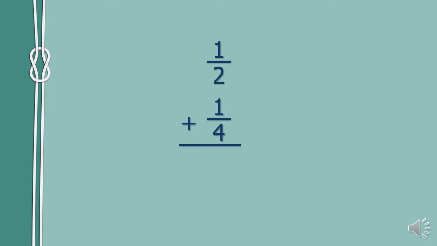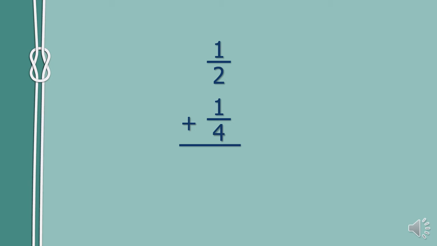Well, first of all, it's probably easier if we write the problem vertically rather than horizontally. So we did that. And now we need to think. Remember we talked about equivalent fractions yesterday? And we talked about fractions being in higher terms or lower terms. What we really need to do is to make these fractions in like terms.